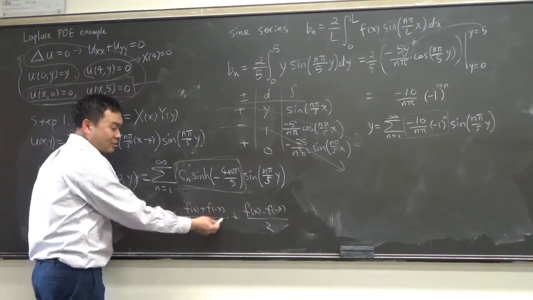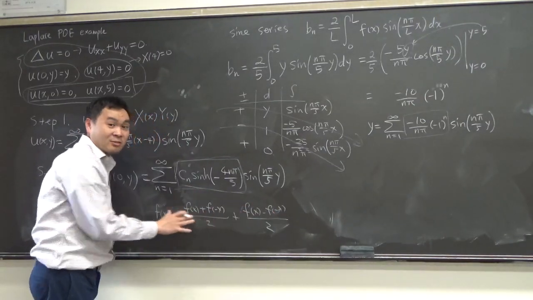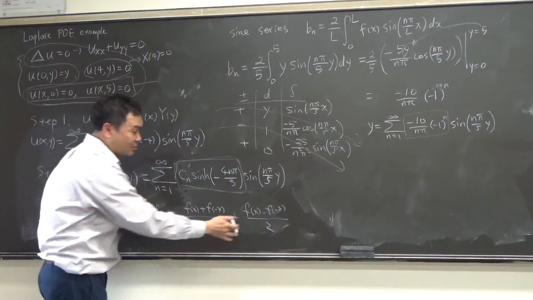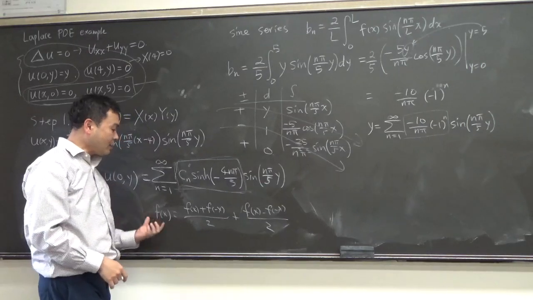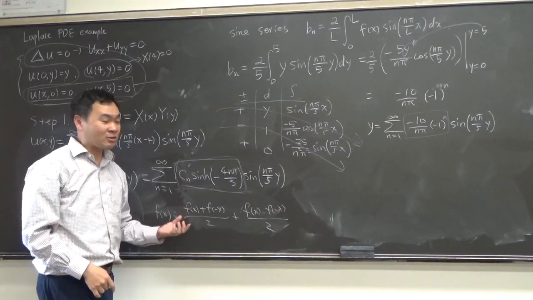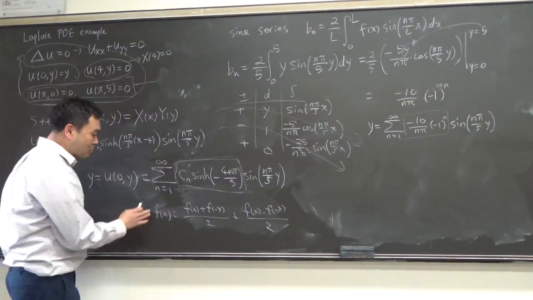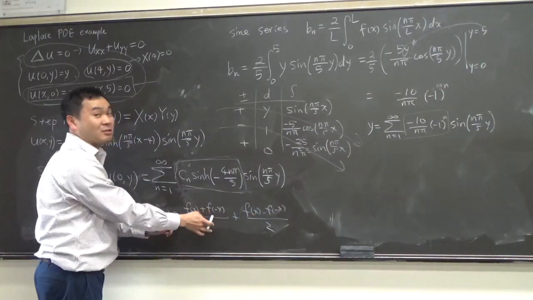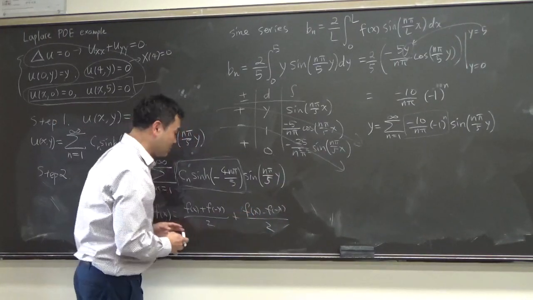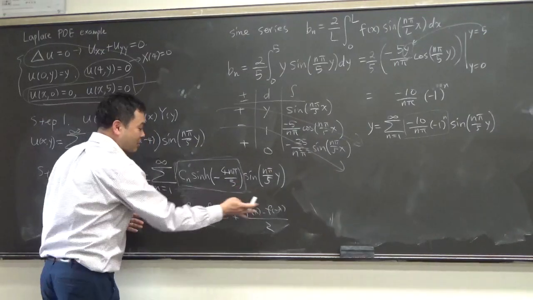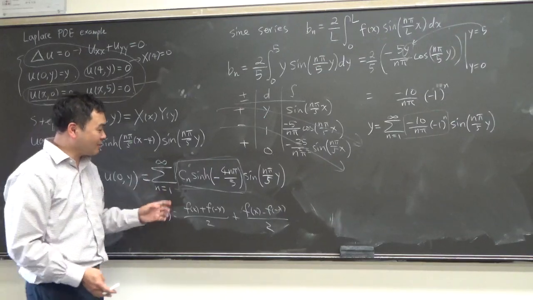But you can see that this is an even function, whereas this is an odd function. If you draw the graph, this is symmetric with respect to the y-axis, and this one is symmetric with respect to the origin. So you can take any function and express it as an even part plus the odd part of the function. And if you replace f by e to the x, then you get exactly this as the cosine hyperbolic and this as the sine hyperbolic.